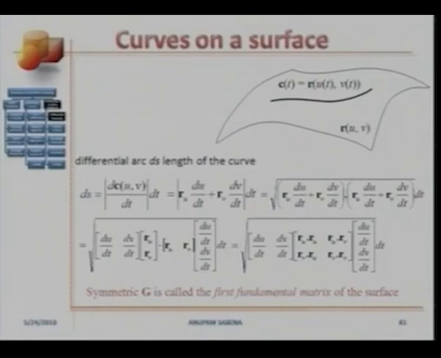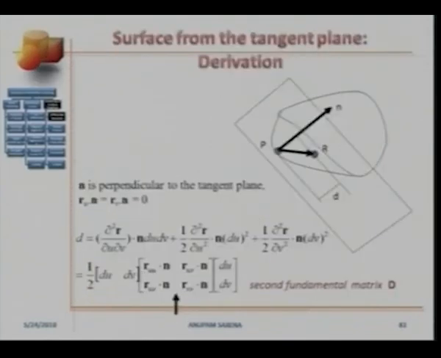Here we encountered two fundamental matrices, matrix G, which was called the first fundamental matrix, and matrix D, which was called the second fundamental matrix. It was the elements of the first and second fundamental matrices that were quite important for us in describing different surface features.